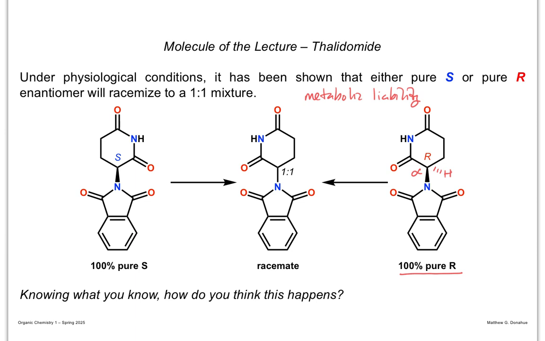That's simply an acid-base reaction. And again, because enantiomers have the same chemical and physical properties, if you had the pure S, the same thing would happen.